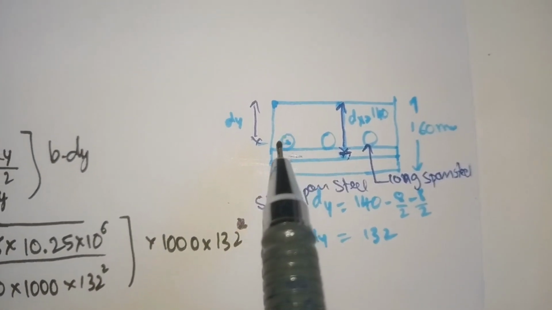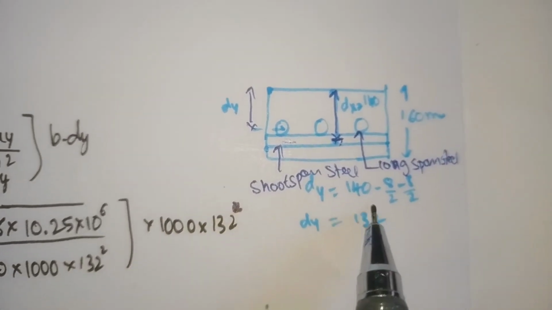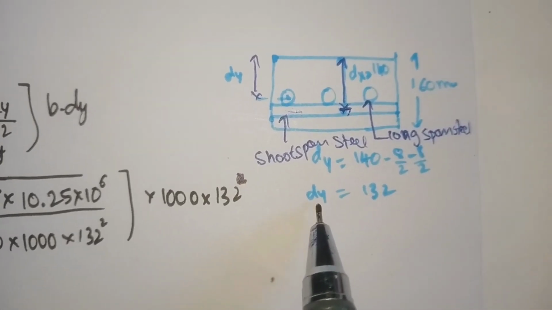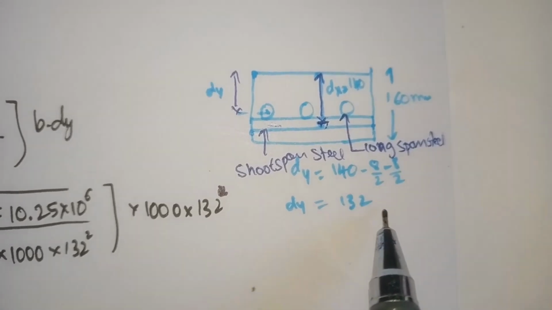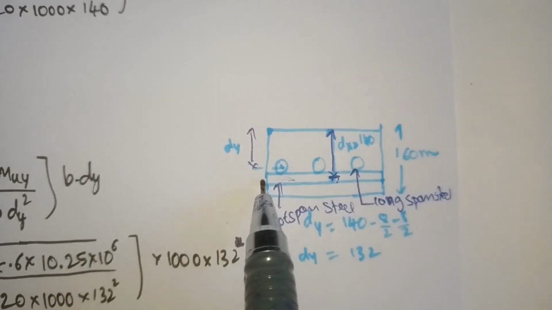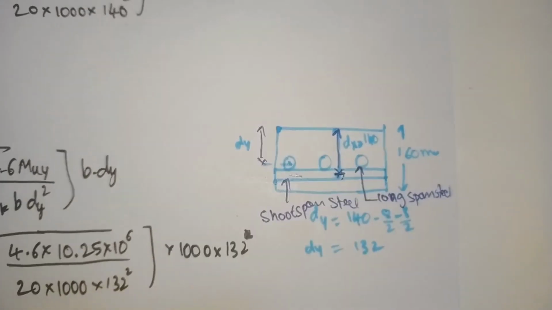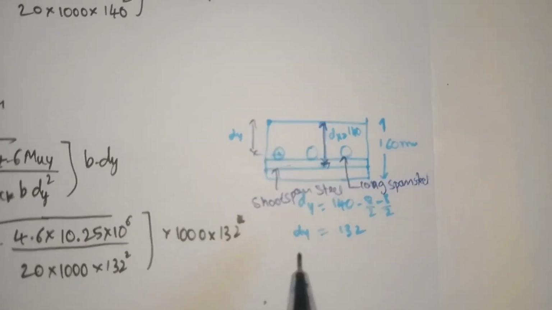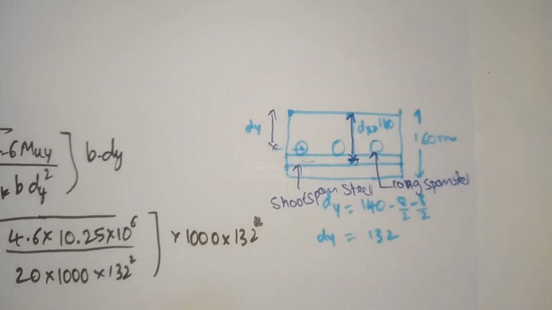So again we have to go half, that is minus 8 by 2. By calculating, our effective depth value for longer span will come out as 132 mm. So to reach from here to here, make it as 8 by 2 and 8 by 2. This is how we have to calculate the effective depth for longer span.